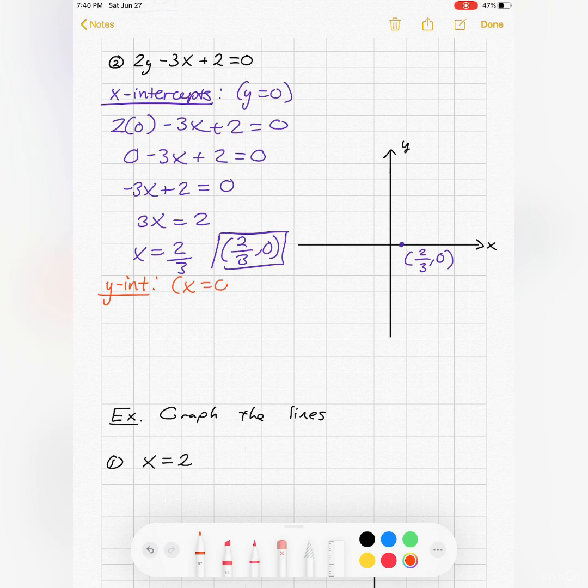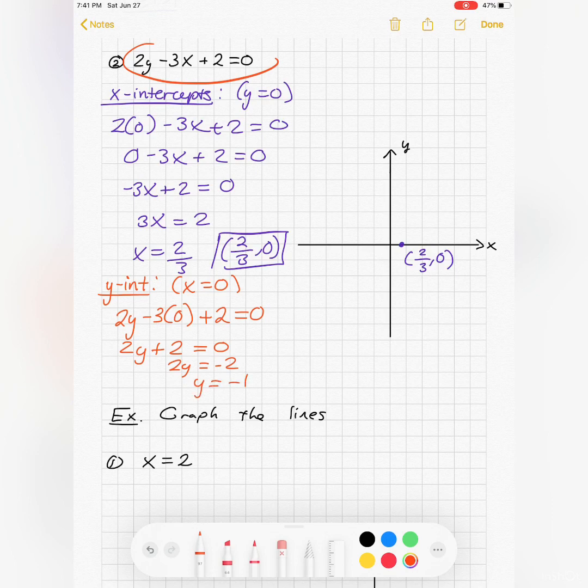Set x equal to 0. 2y minus 3 times 0 plus 2 is 0. Y is negative 1.